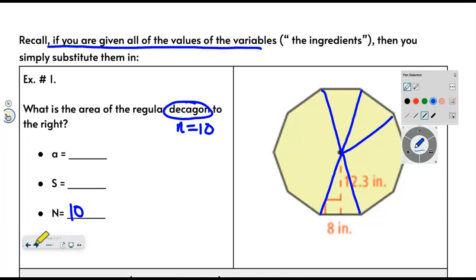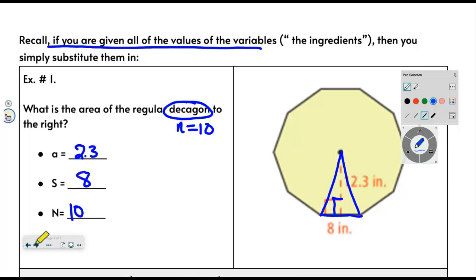So the height was given to me. It was a 12.3 is the height of that front and center triangle. That's my apothem. They gave it to me, and that perpendicular box is kind of how you know that, by the way. And then S stands for the side length. Well, they gave me that down here. So they gave me everything I need.